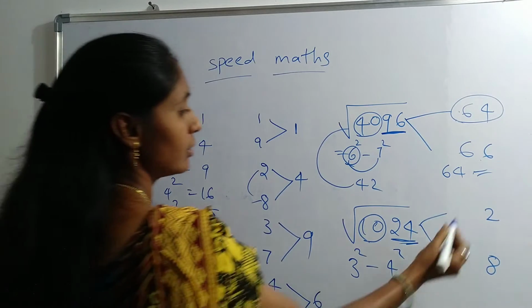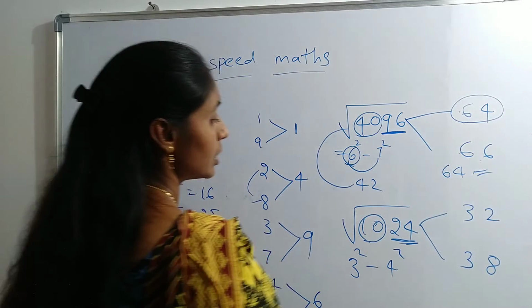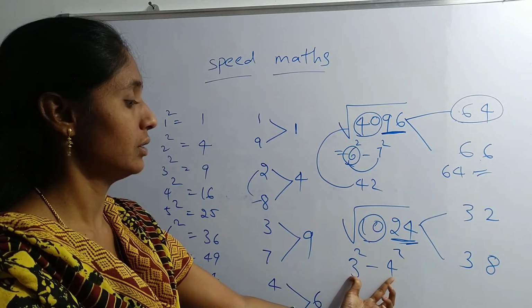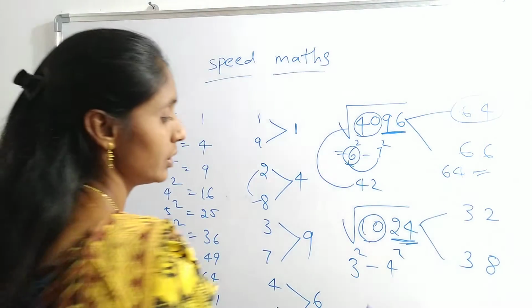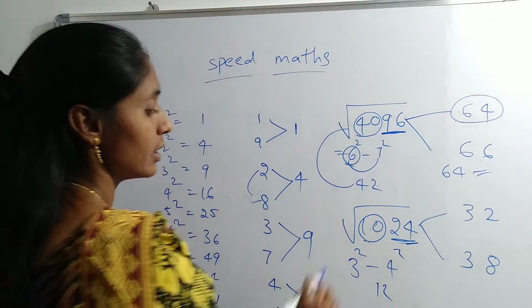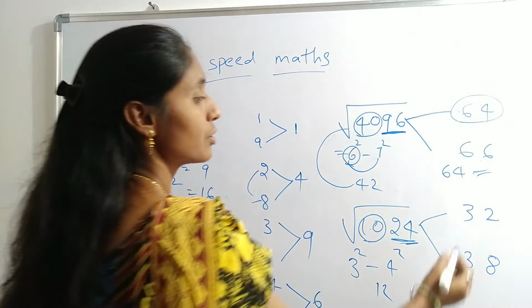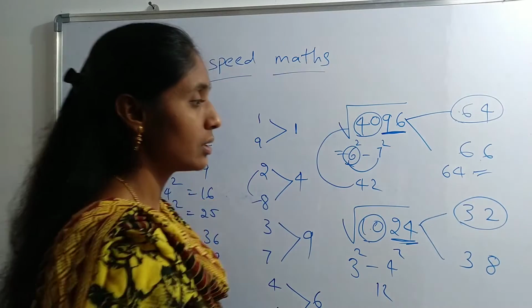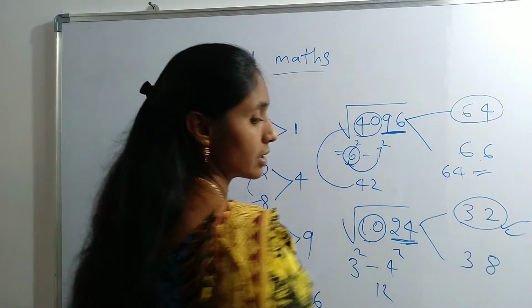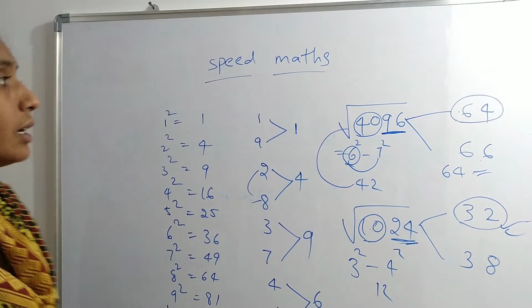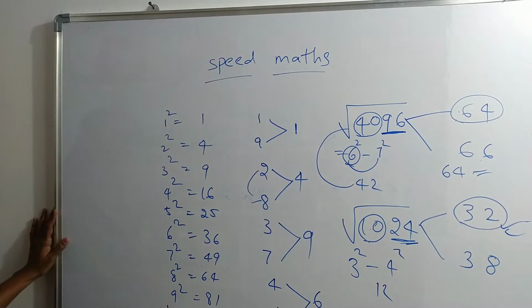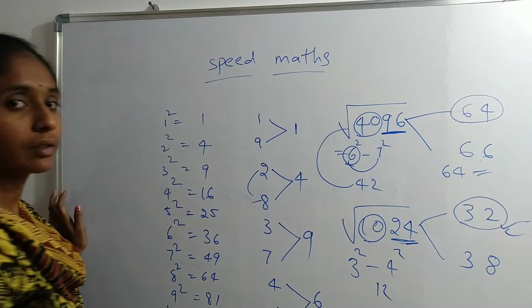Take the lesser value and multiply 3 and 4, which is 12. 10 is lesser than 12. So 32 is the right answer. This is the way of finding square root values.